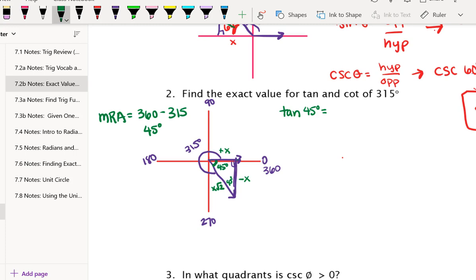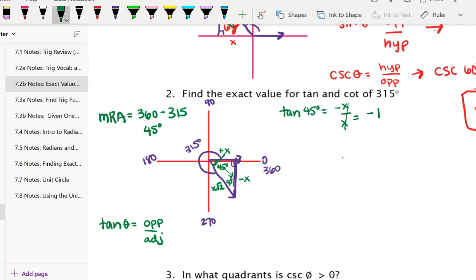Well, so we're going to do tangent of 45 degrees. Let's do that first. Tangent is opposite over adjacent. So I'm going to write that over here. So we're going to substitute in the opposite of the 45. So I go across, and it's negative x over adjacent, which is next to, positive x. Negative x over positive x is just negative 1.